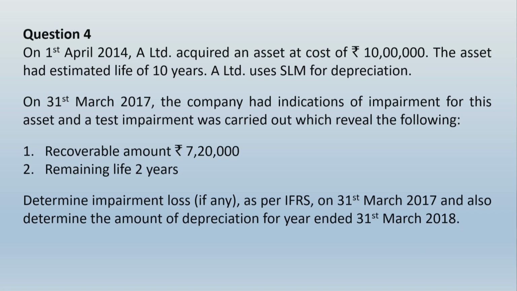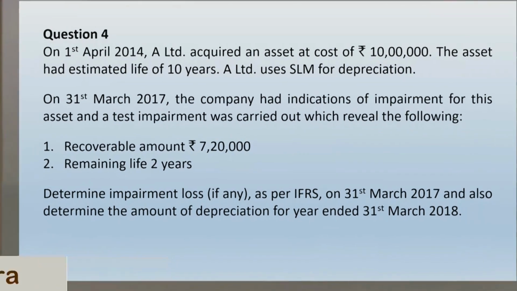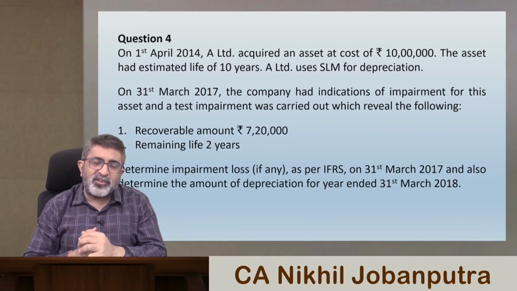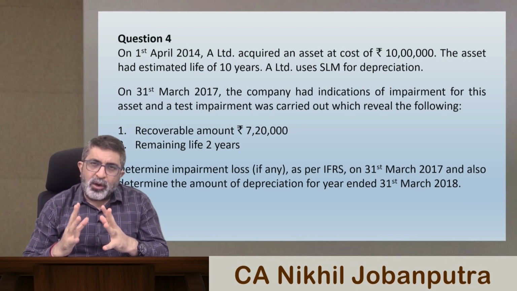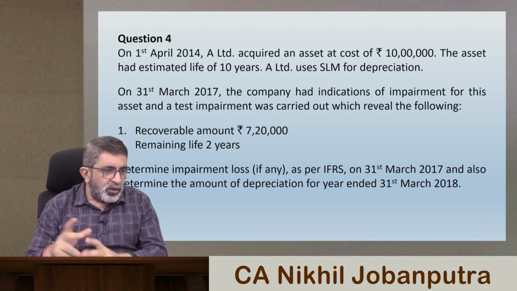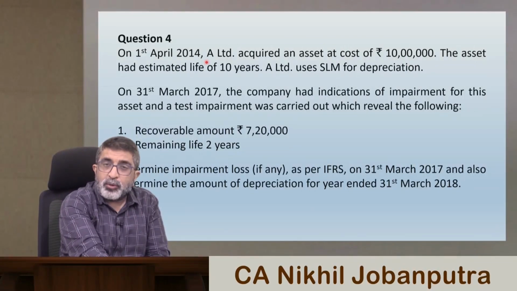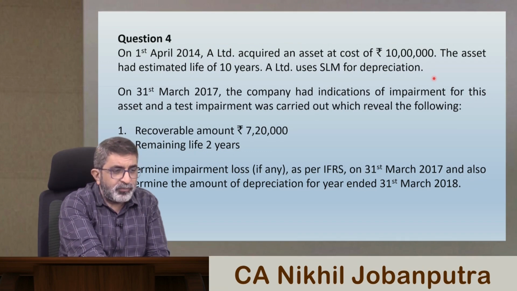Now, another scenario of a company based in India, and obviously they are following IFRS based reporting. Now, important thing over here, they have given you the acquisition cost on 1st April 2014 and the estimated life of the asset was 10 years, the company uses straight line method of depreciation.